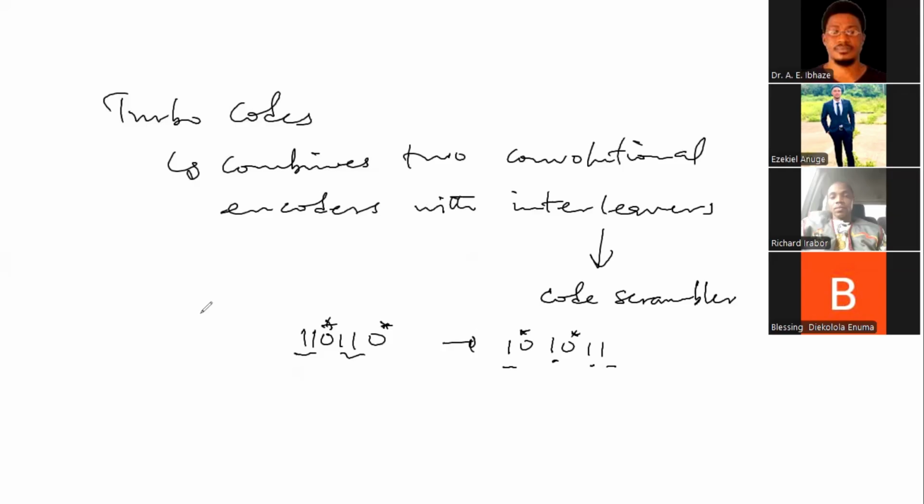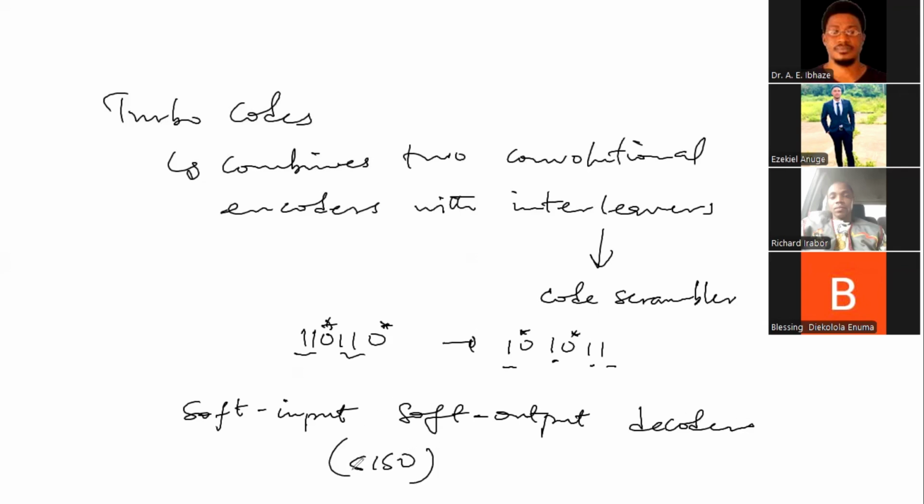And then for us to now decode, like I mentioned earlier, it uses soft input, soft output decoders. So we'll call this SISO, all right? And this is done through iterative decoding. So in other words, the iteration will continue until there is convergence.